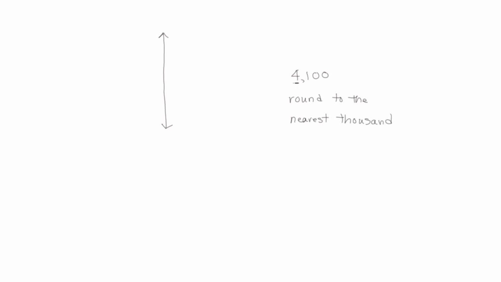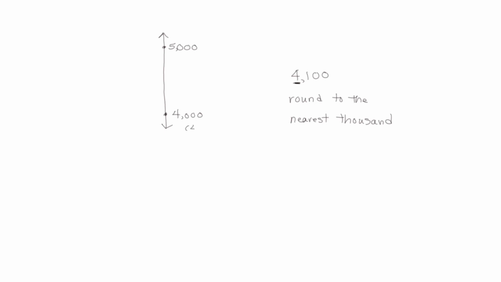So we see how many thousands are in this number. We have 4,000. And the next highest thousand would be 5,000.